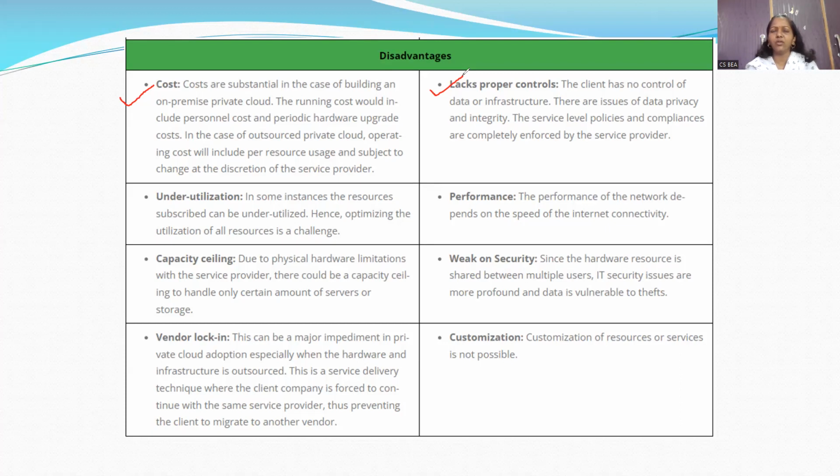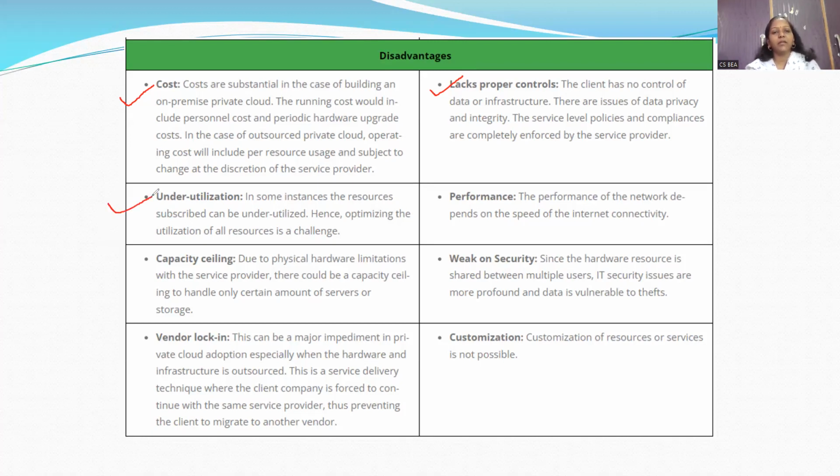So if you find that a particular service is not provided to you as a customer, then it will be provided by the service provider, but maybe in a different way, or the structure will be a different one.